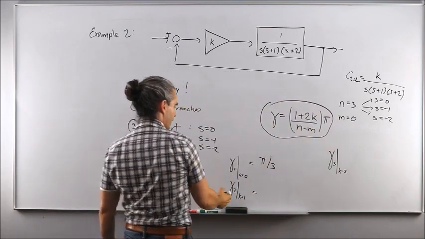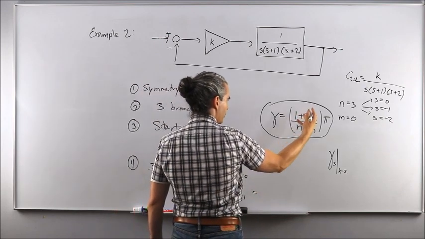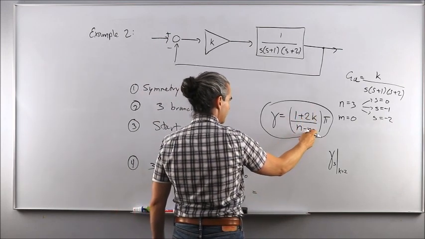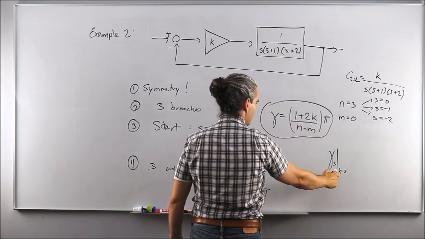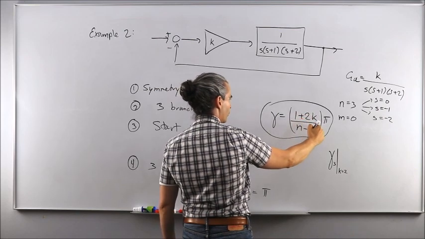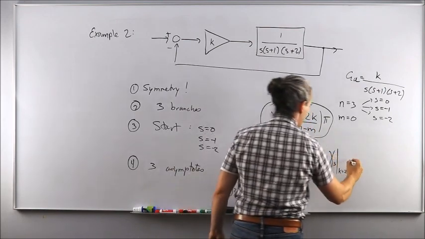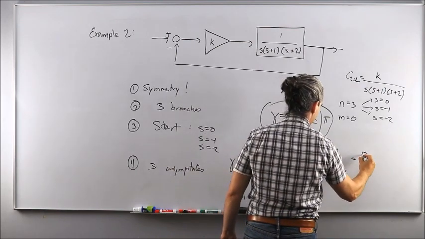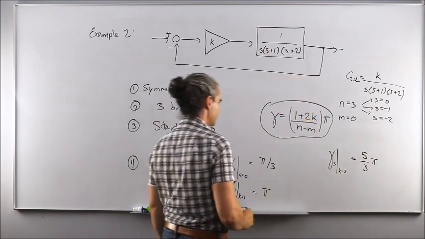So then I'm evaluating gamma with k equal 1, 1 plus 2, 3 over 3 times pi. So that one's at pi. And the last one with 2 will give me 1 plus 4 over 3, so 5 over 3 times pi. Like that, okay?